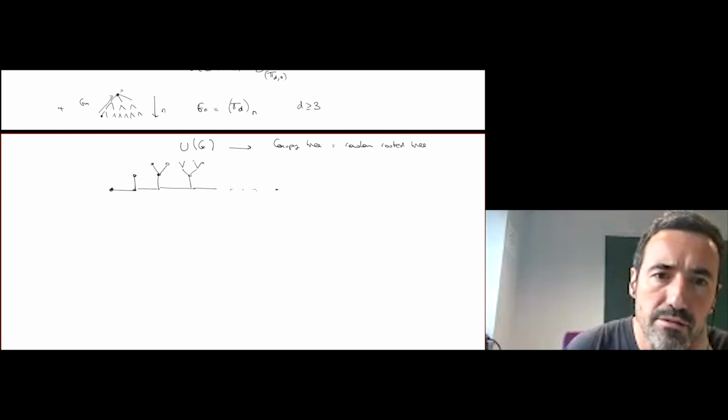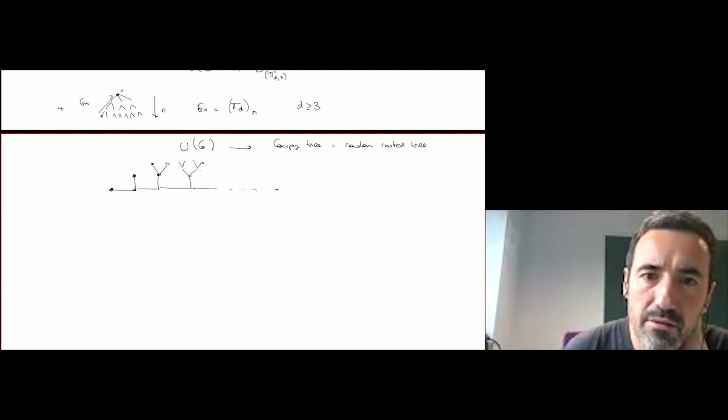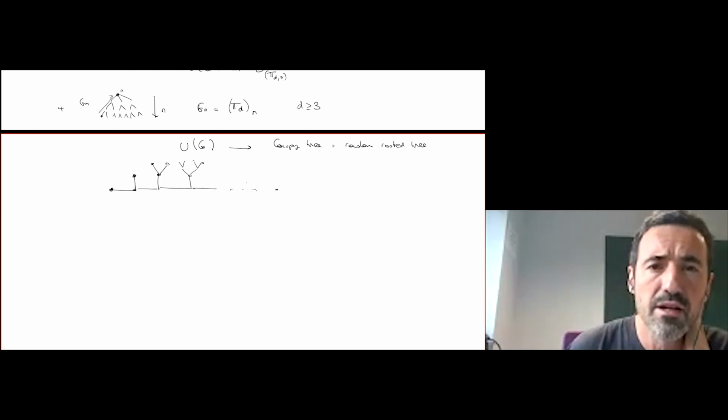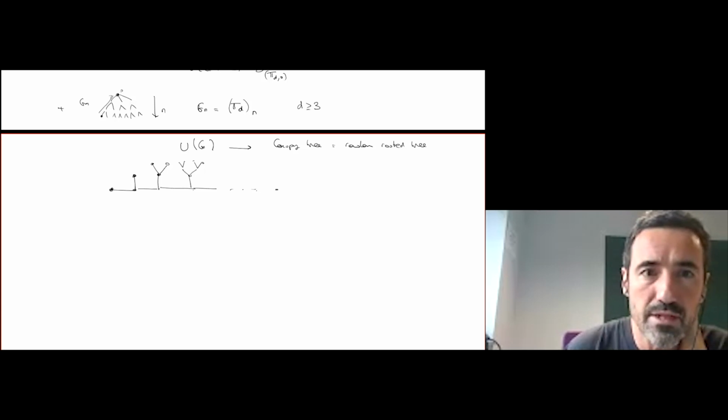Here I have a binary tree of depth 1. Here I have a binary tree of depth 2, and so on. I will have a binary tree of depth 3, and so on. So this is a deterministic tree. But now I will put the root as random on this line according to some geometric distribution.